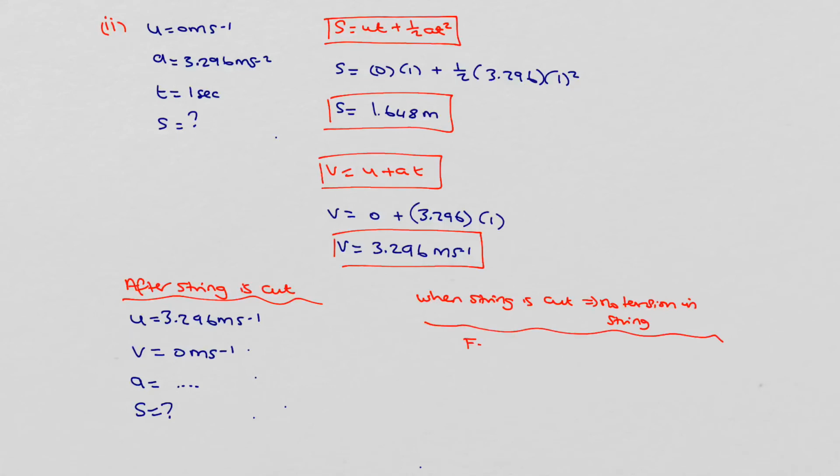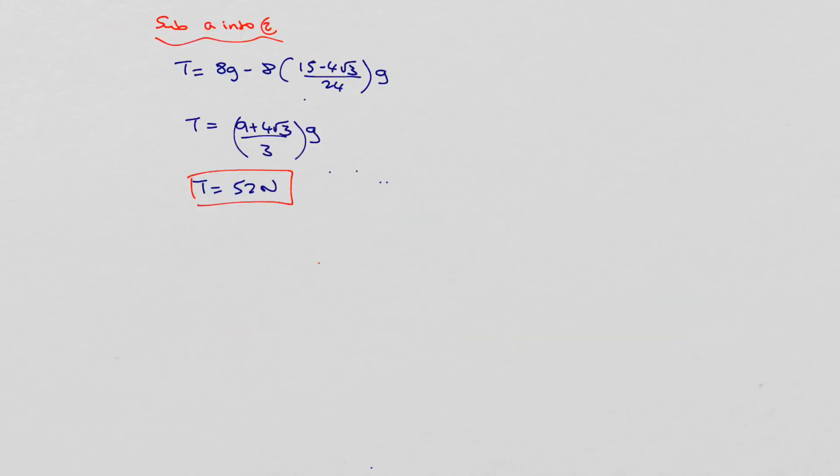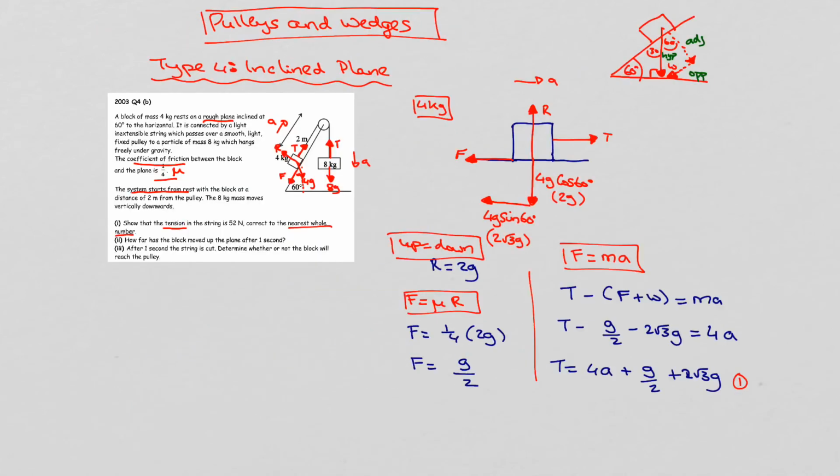Well, F is equal to ma. And if we go back to our previous equation, we could see we had tension minus F minus W equals our ma. But we're now going to have no tension here. So that equation is now going to become minus g over 2 minus 2 root 3 over g is equal to 4a.